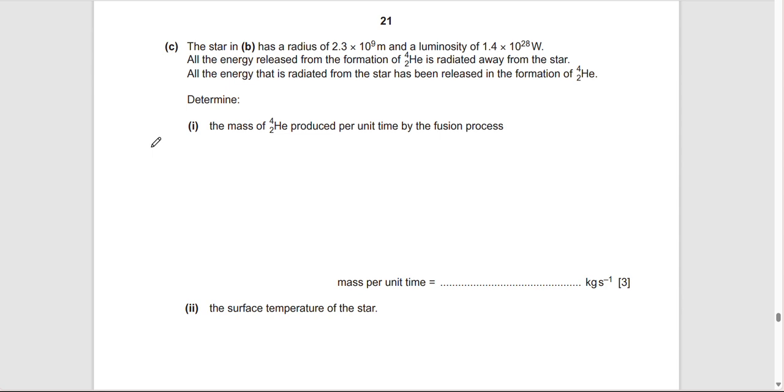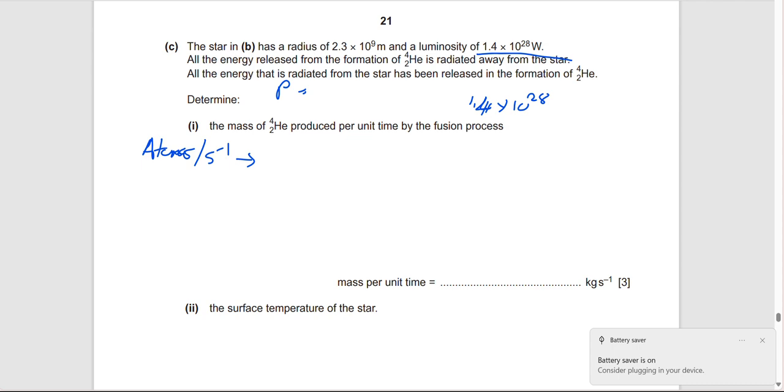So to calculate number of atoms per second, so we want atoms per second, right? This luminosity is equal to 1.4 by 10 to the 28 watts. Remember, watts is power. What is power? Power is rate of work done, right?